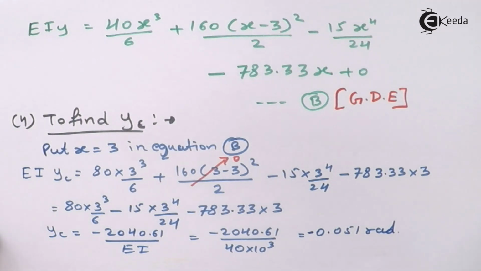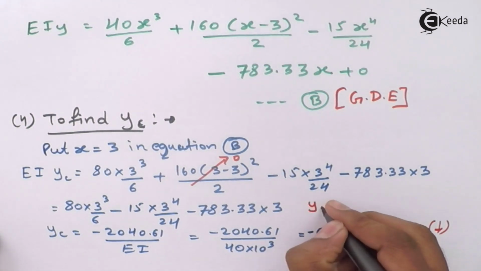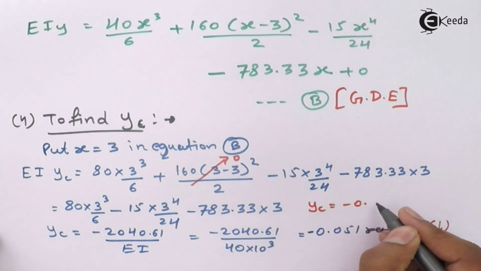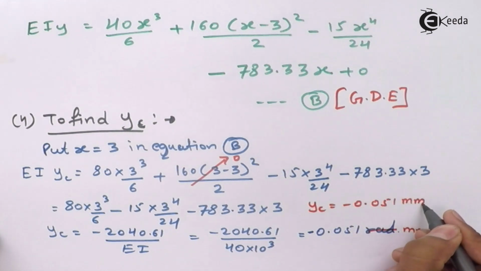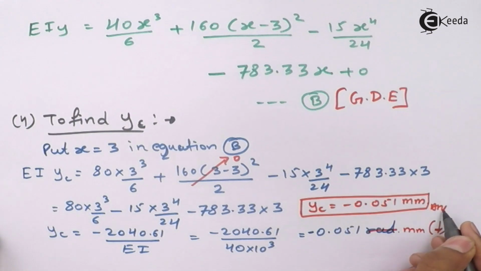This is a deflection. Radian comes in slope, it's a deflection, that's why it does not come in radian, it comes in mm, and minus indicates downward direction. So your final answer will be YC is equal to minus 0.051 mm. Okay, this is your final answer.